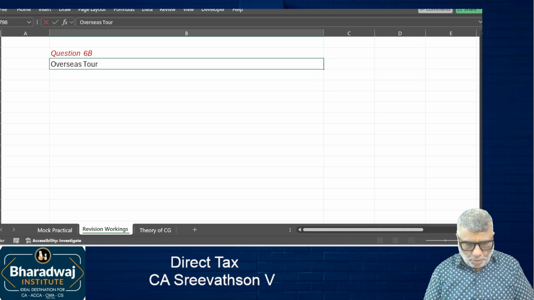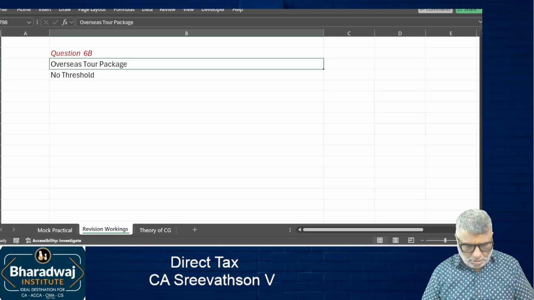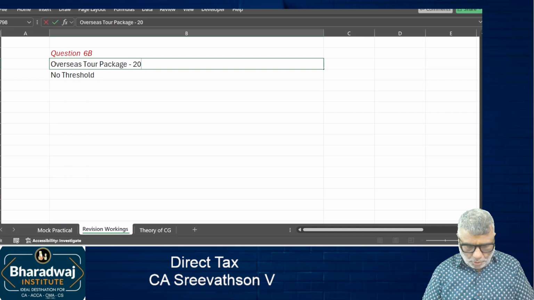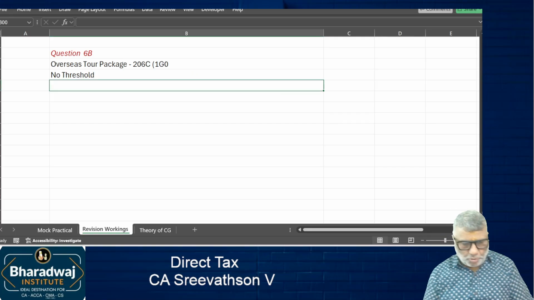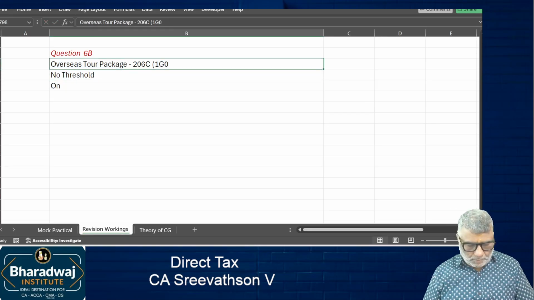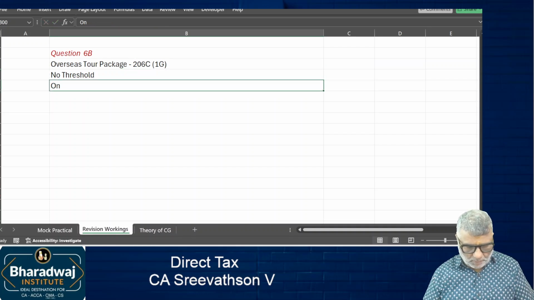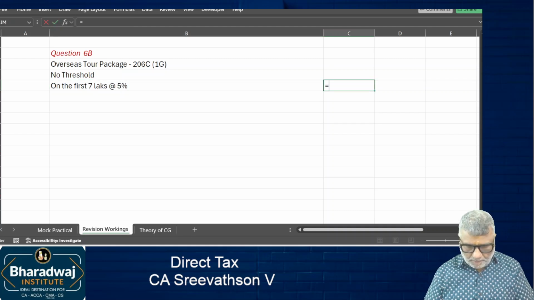Overseas tour package, no threshold. 206C 1G, no threshold. On the first 7 lakhs at 5%.